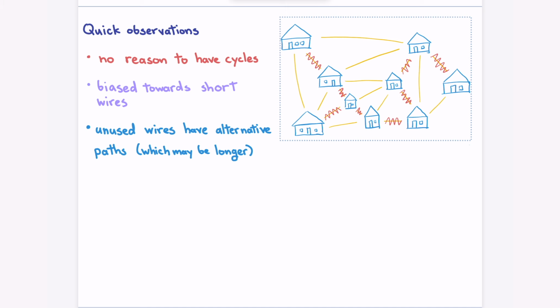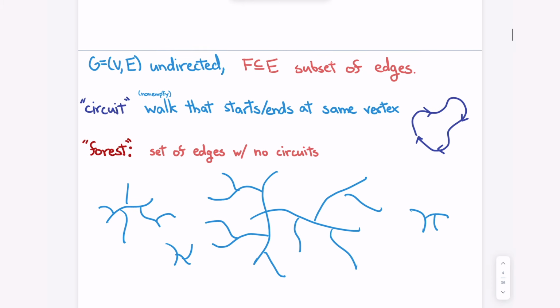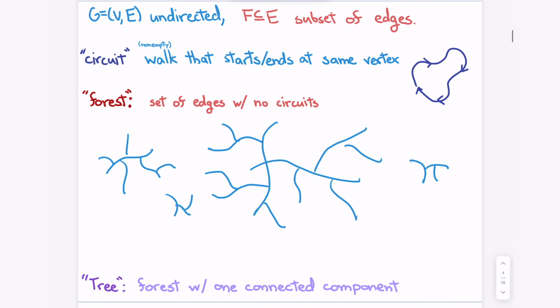Good. So I'm going to introduce some terminology. A circuit will be any walk that starts and ends at the same vertex. I know it's confusing because we just talked about circuits in a different way.